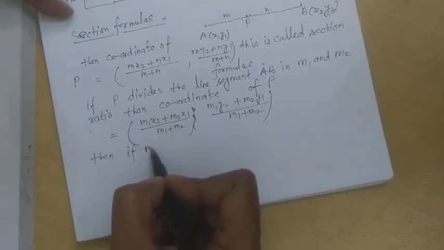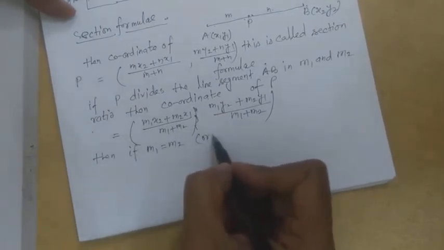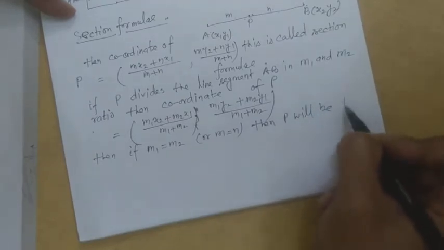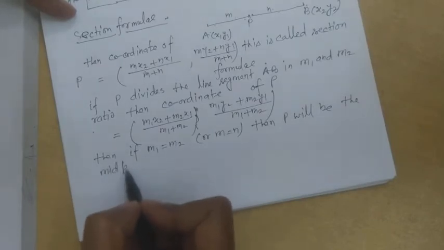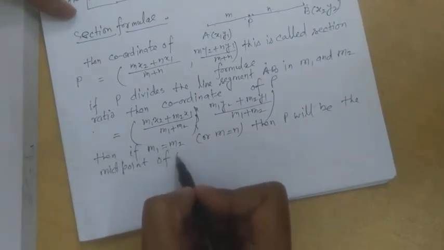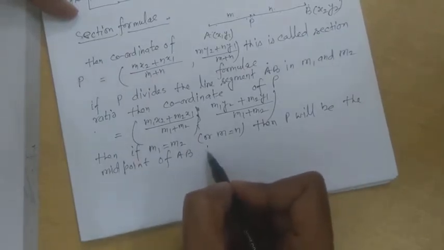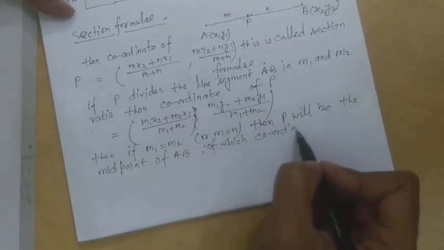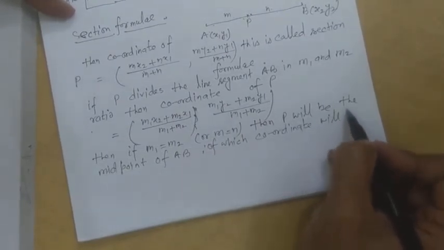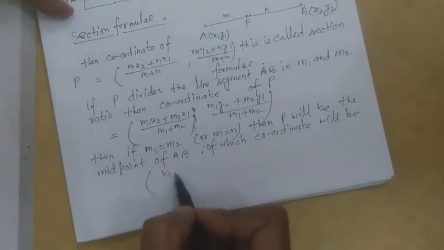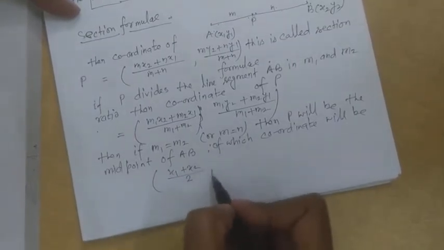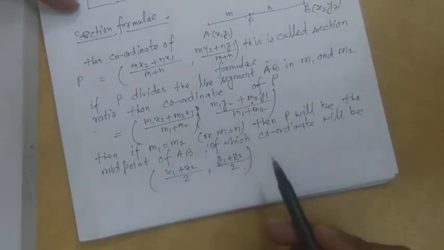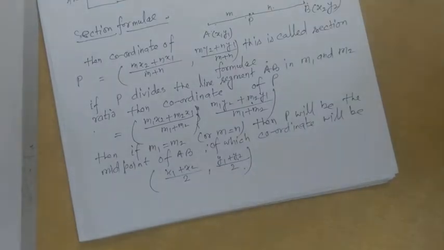If m1 is equal to m2, or m is equal to n, then P will be the midpoint of AB, whose coordinates will be (x1 plus x2) divided by 2 and (y1 plus y2) divided by 2. These two formulas will be used in exercise 7.2.